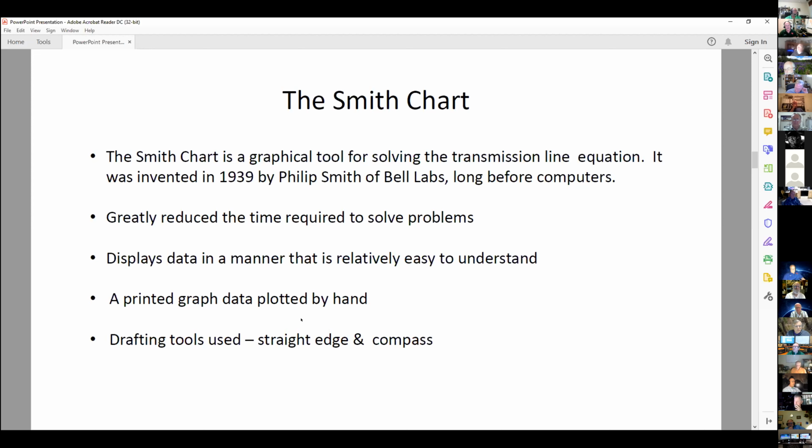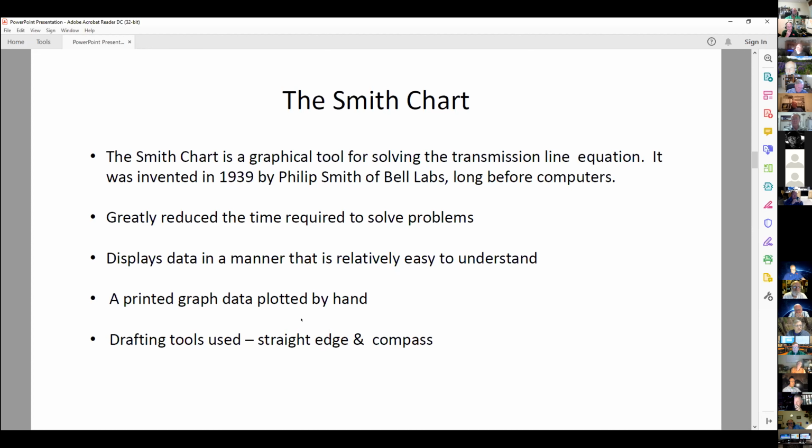And if you know much about the history of ham radio, you know that hams were all a part of that. But because of the difficulty in solving this equation to come up with these numbers, at Bell Labs, this guy named Philip Smith designed the Smith chart, or what became known as the Smith chart, because it allows you to solve most of the problems that you're looking for in this system with a graph, rather than having to do it strictly by solving all the equations.